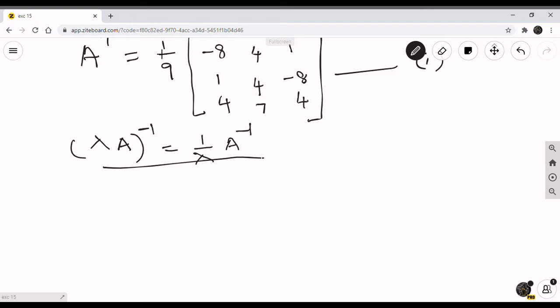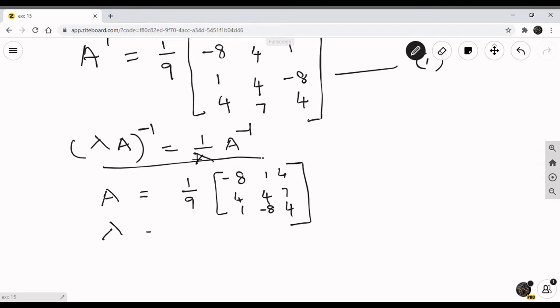Since we have been given A as this, which is of type lambda and some matrix, we have to consider this formula. When we consider that formula, here lambda is equal to 1 by 9.